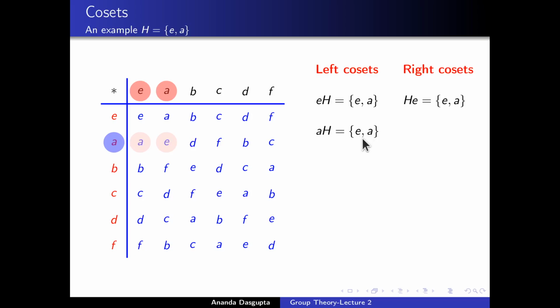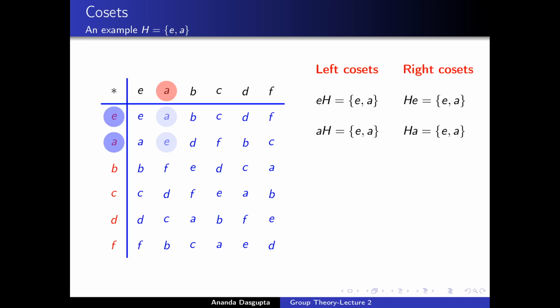You get the same left coset as you had with the identity. What about Ha? Again, exactly the same, back again. By the way, if this had been a subgroup with more than two elements, and you had picked any one of the elements to form the left coset or the right coset, you would get the subgroup back. That's just closure of the subgroup under multiplication.